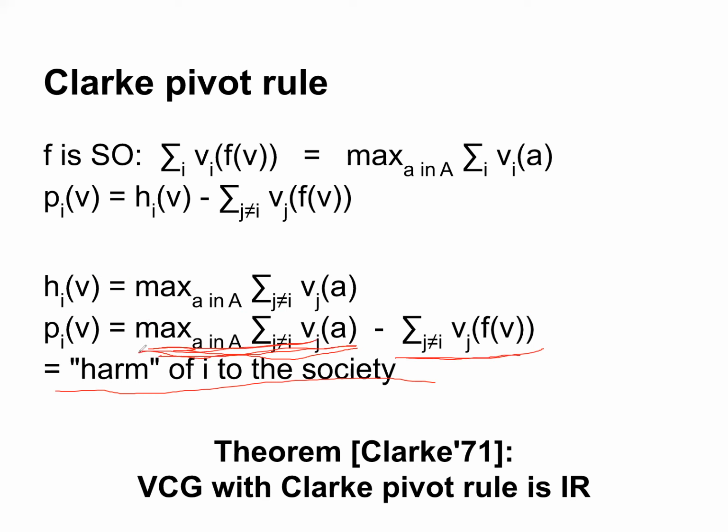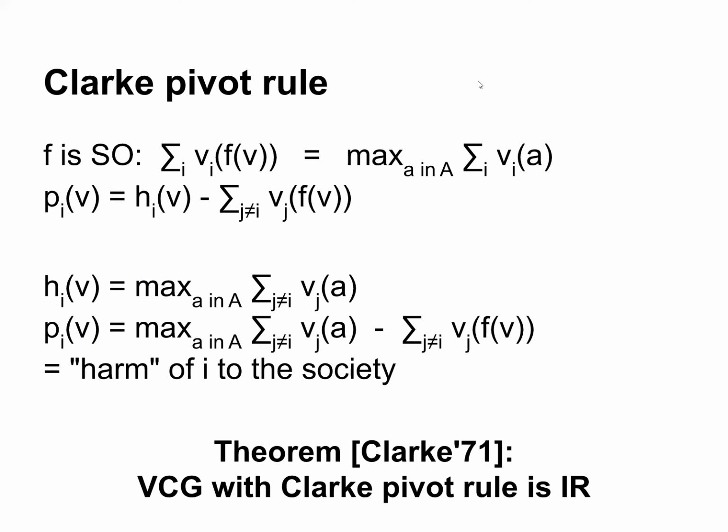Here we were maximizing, ignoring user I. That's how happy the society could have been. Here we're maximizing, taking user I into account, but only looking at the total happiness of everybody else, not user I. And the price that user I pays is the difference between the two, the harm to the society. So now, all of a sudden, this makes a lot of sense.